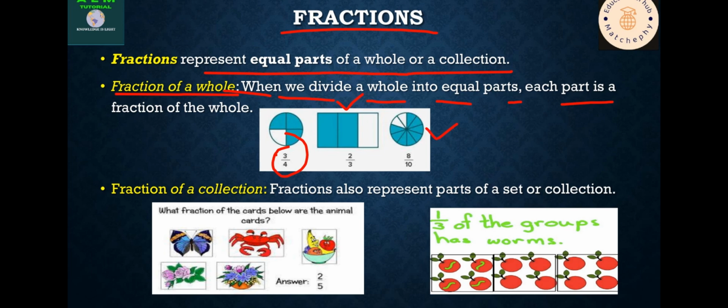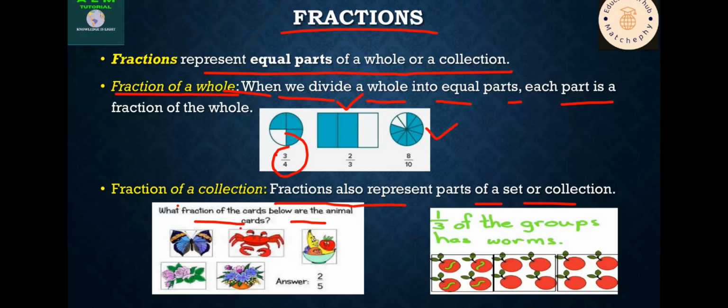Now fraction of a collection. Fractions also represent parts of a set or collection. Here we can see a collection of cards. On the cards we have animals, flowers and fruits. They are asking what fraction of the cards shown below are animal cards.